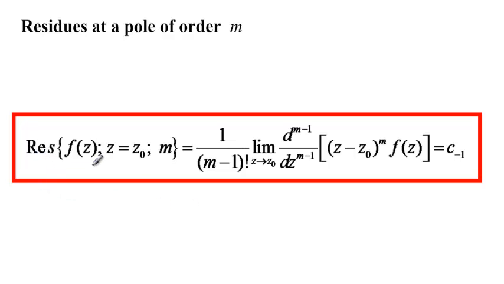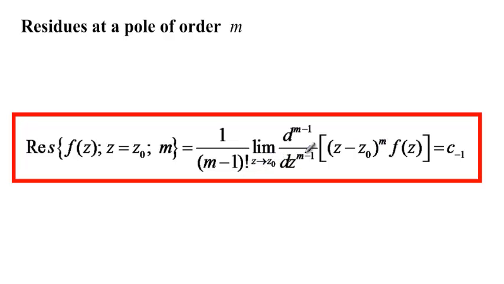Now let's write residue of f of z at z equals z0, and the m here stands for the order. What we do is exactly what we've done with our pole of order 3, whereby we multiply f of z by z minus z0 to the power m. After simplifying this multiplication, we follow by differentiating, computing the derivative of order m minus 1, otherwise the derivative of order 1 less than the order of the pole.